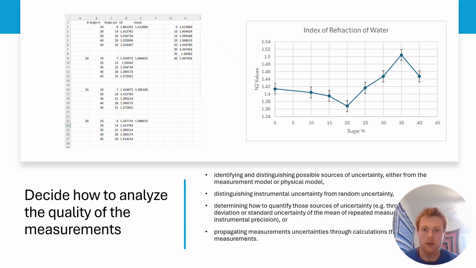So identifying and distinguishing possible sources of uncertainty, either from the measurement model or the physical model, distinguishing instrumental uncertainty from random uncertainty, and then determining how to quantify these sources of uncertainty and propagating the measurements of uncertainty through calculations. And so we hit that, especially in this refraction lab with the sugar water solutions.